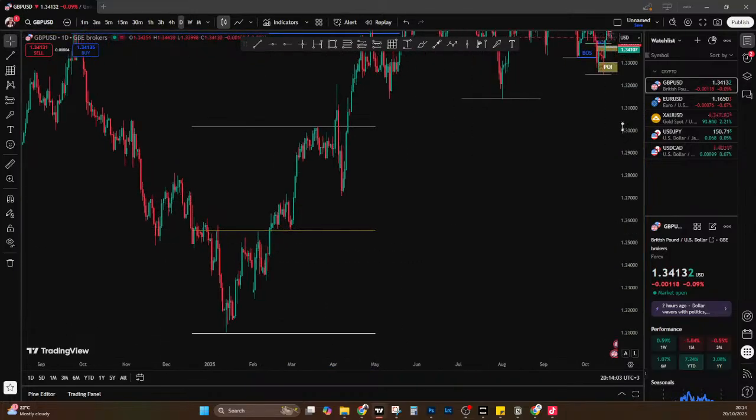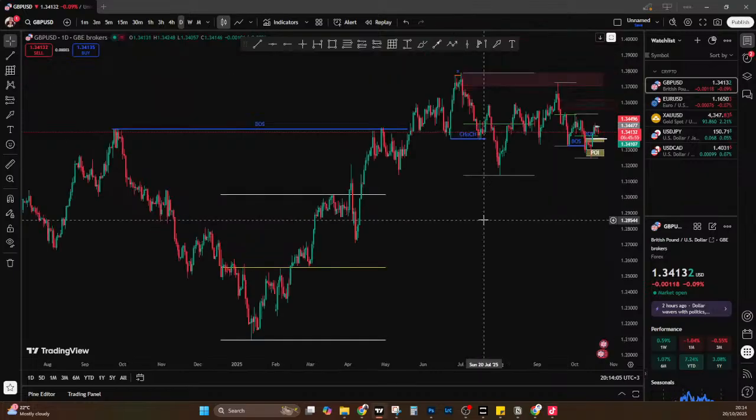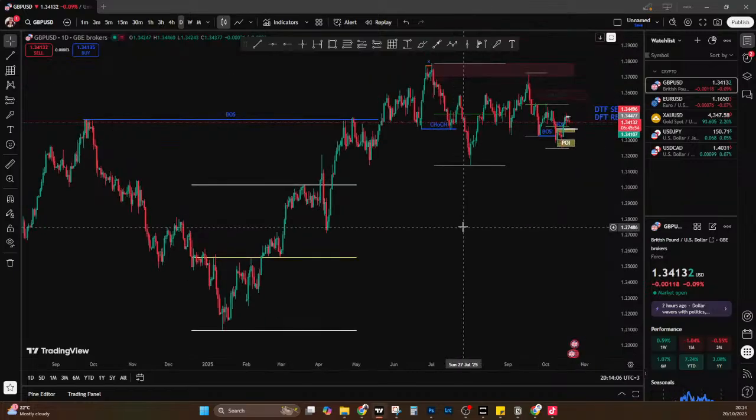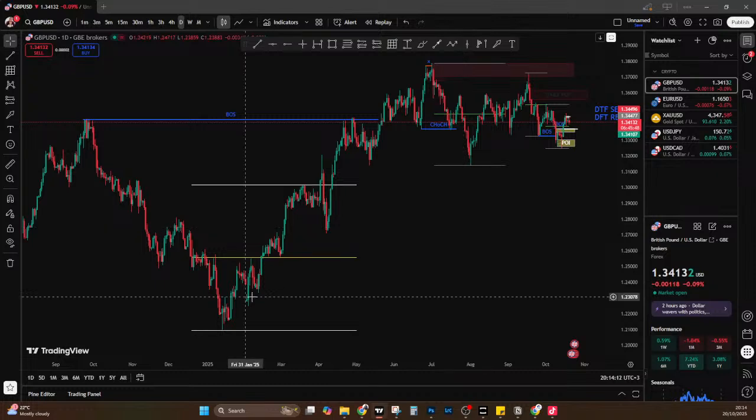Now this is the daily time frame, but this is what happens in the market always, and this is how you spot liquidity. Once you do something like this, you know that it will be easier for you to know where you expect the market to come to.